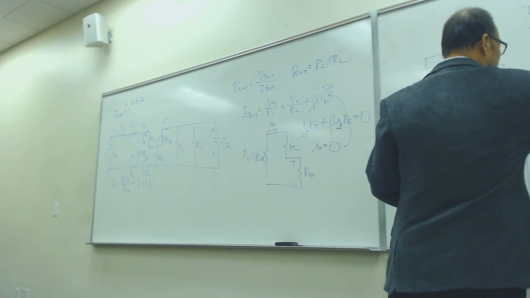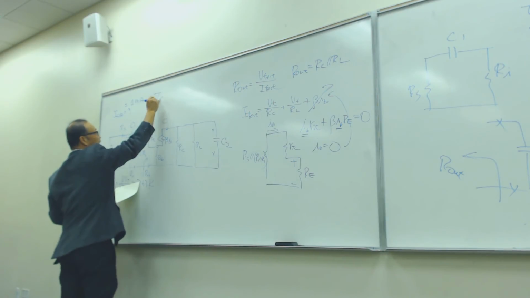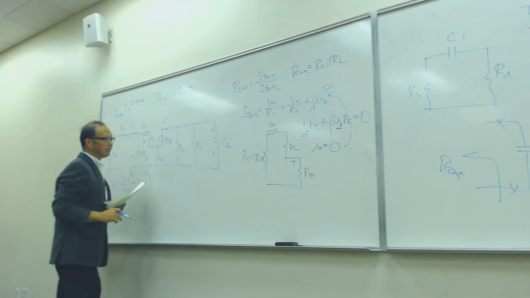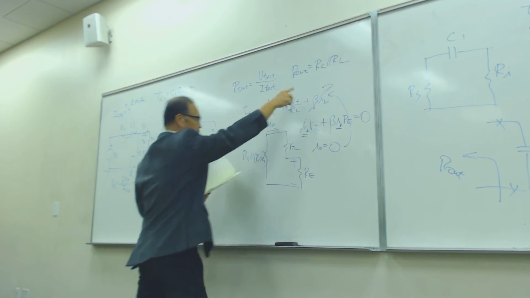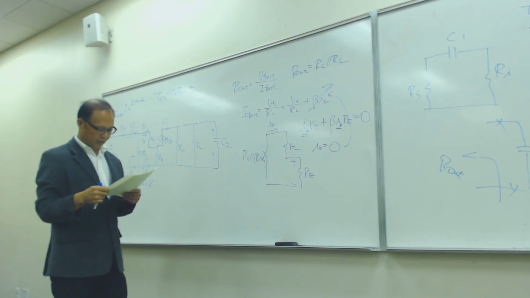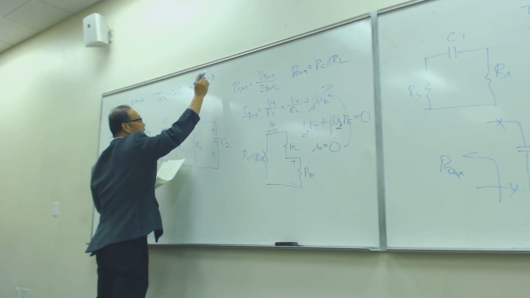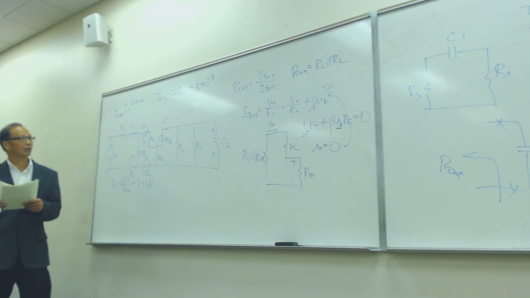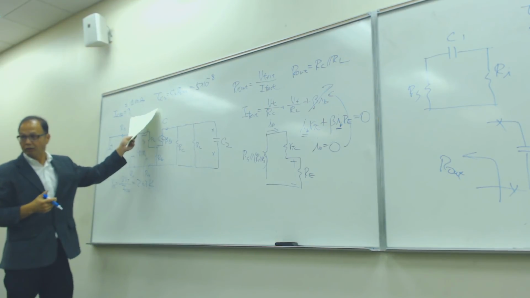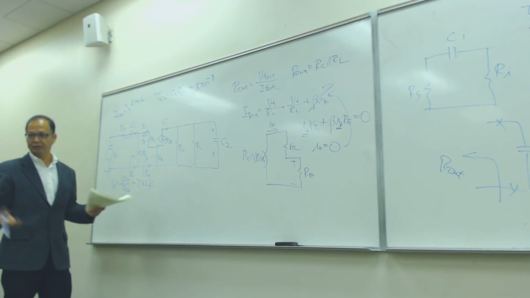So tau C2, as I said, is equal to C2 times R out. That R out is the two in parallel. So I got 5 times 10 to the minus 8. You might be wondering what is the unit of tau? It's time, so second.